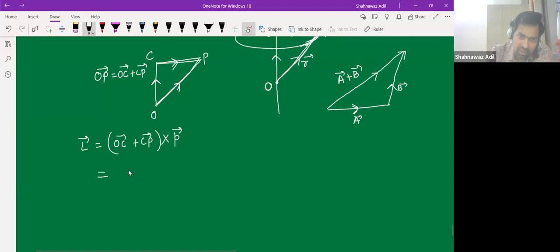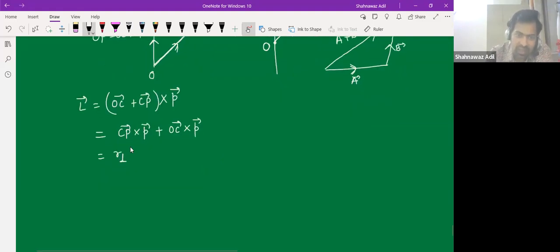So this is CP cross P plus OC cross P. CP is R perpendicular and its direction is what?